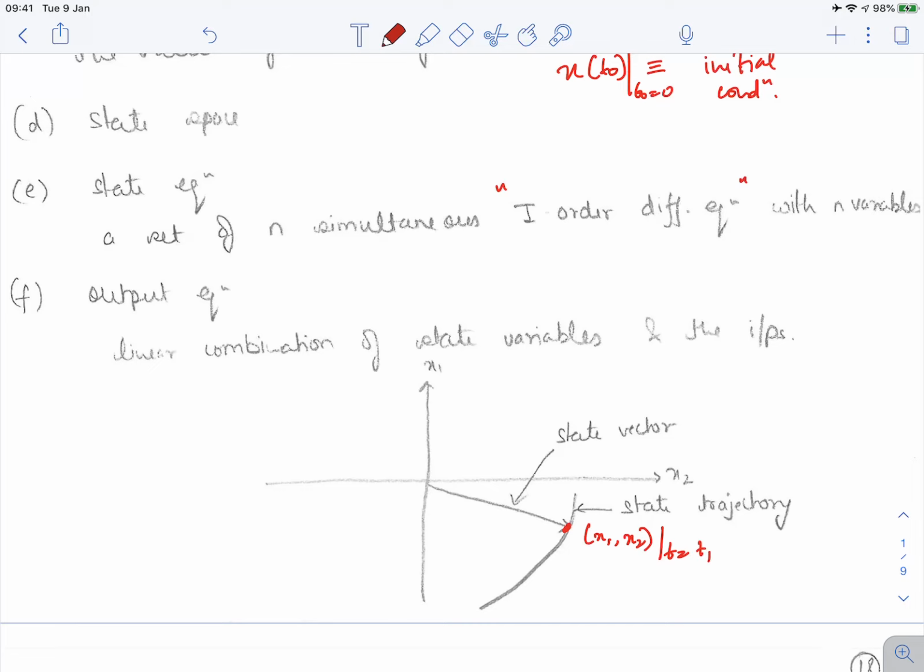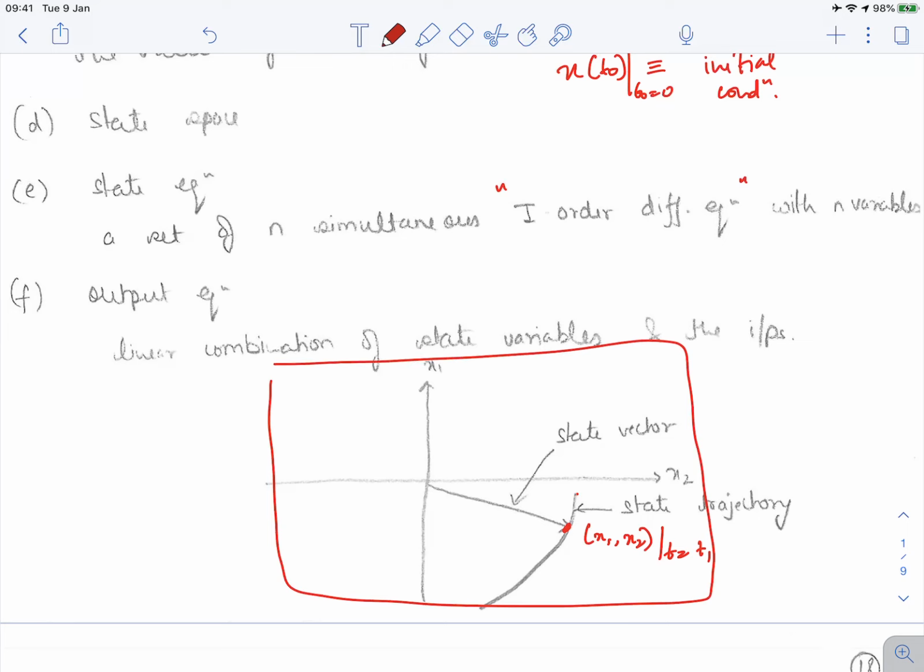Now, in whatever way this point, which is basically a state vector, traverses the whole space, it gives me the state trajectory. So the overall space is the state space, and x1, x2 are the state variables.